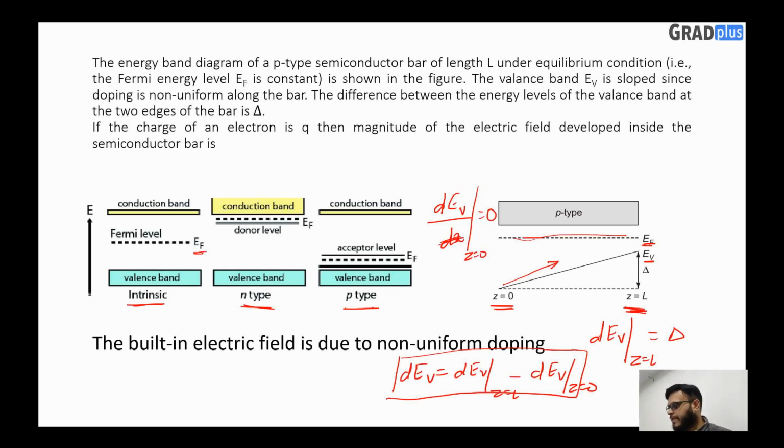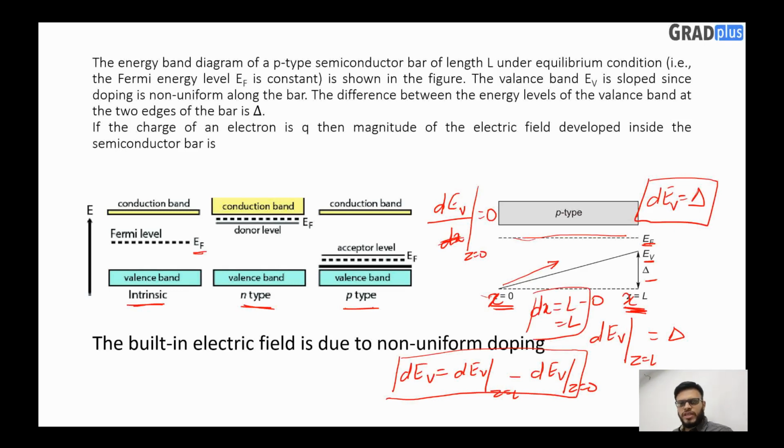So in this figure we can say the change in EV is equal to delta. And what is the change in x, or z in this case? The change in x is dx, which equals L minus 0, which equals L.